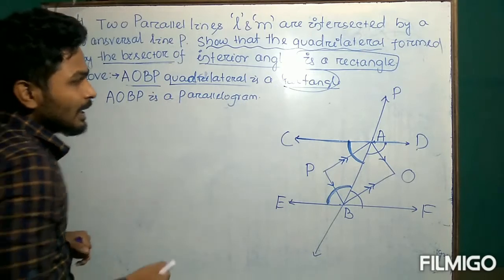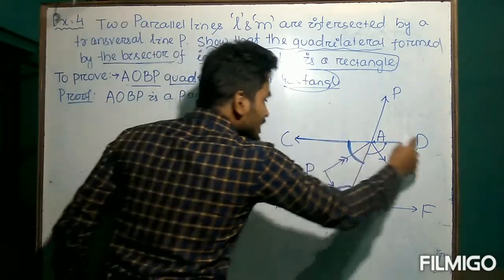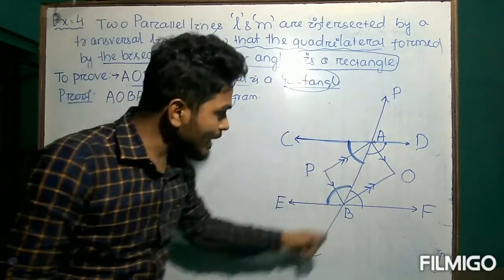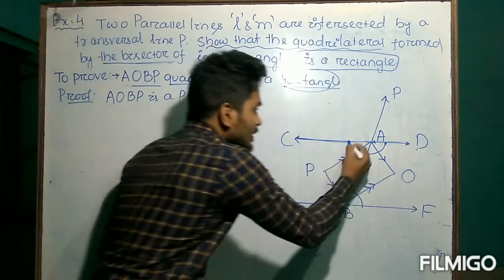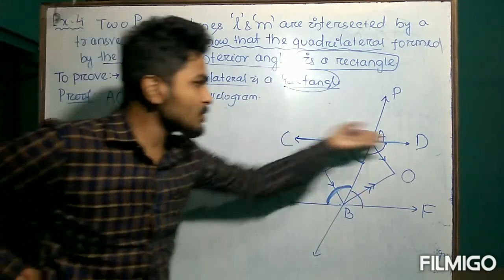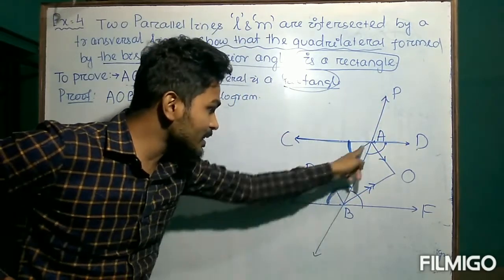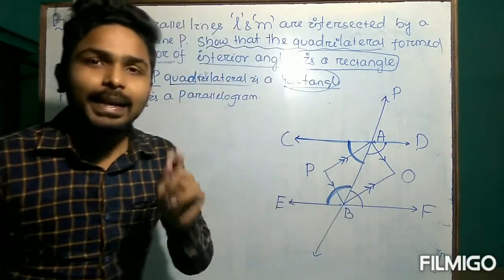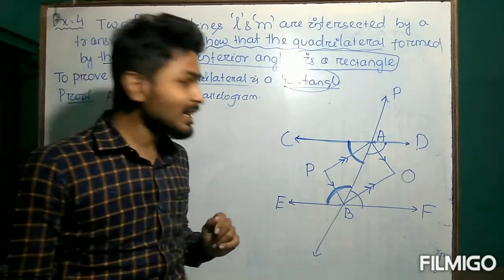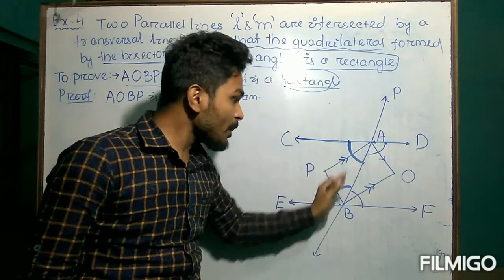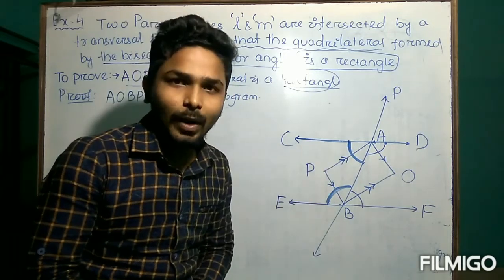Let's see. Since it is given that CD is parallel to EF, and AB is the transversal line, tell me, these two angles are known as which type of angles? If these two are parallel lines and this is the transversal line, then these two angles are known as co-interior angles, isn't it? Yes, they are co-interior angles, and we know the sum of two co-interior angles is equal to how much?